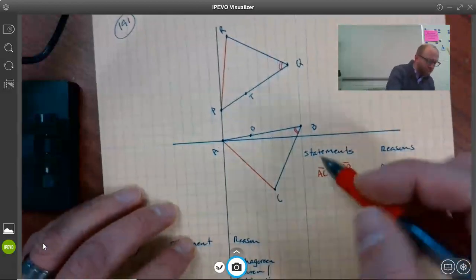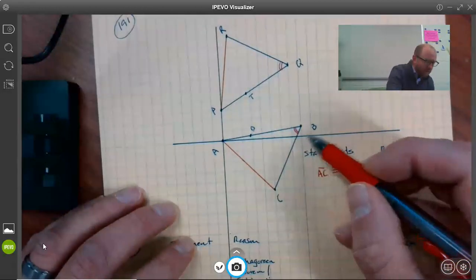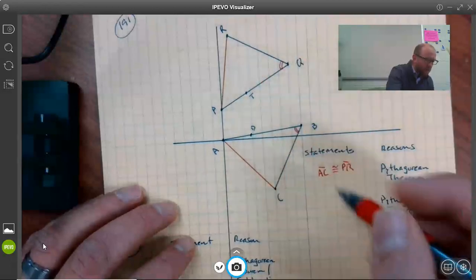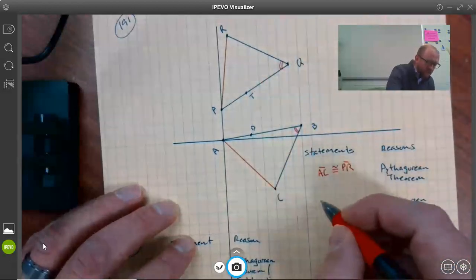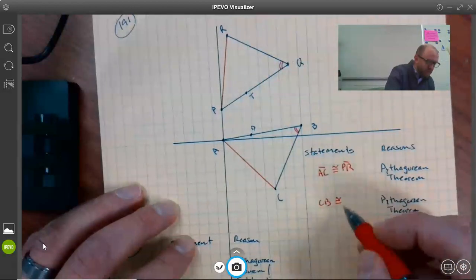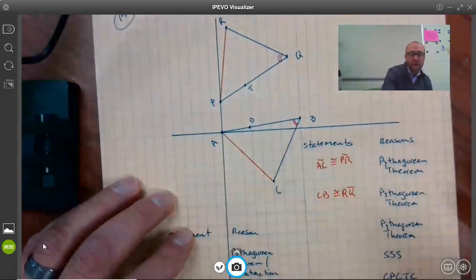Next we got 1, 2, 3, 1, 2, 3, 4, 5, 6, and 1, 2, 3, 4, 5, 6, 3. So we have CB being congruent to RQ. Okay. Again, Pythagorean theorem, you just find the lengths.